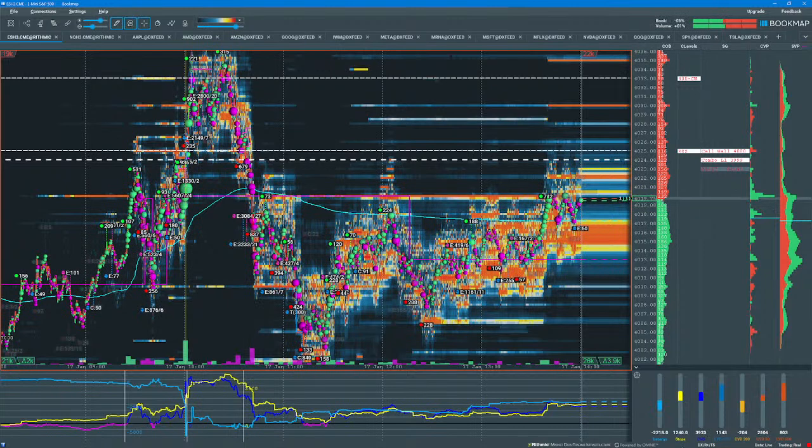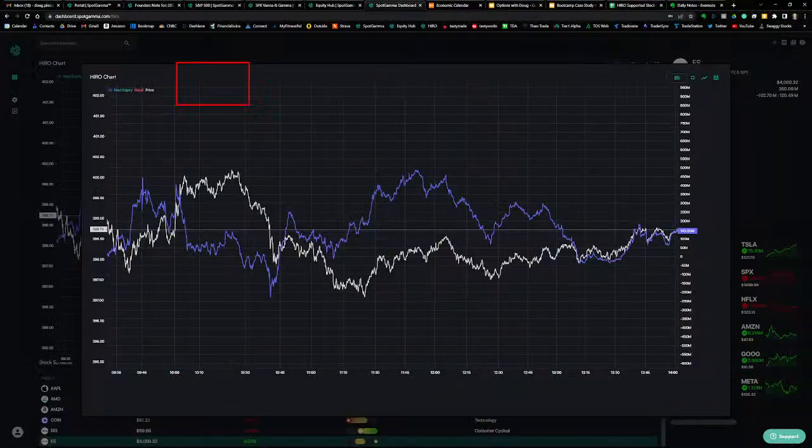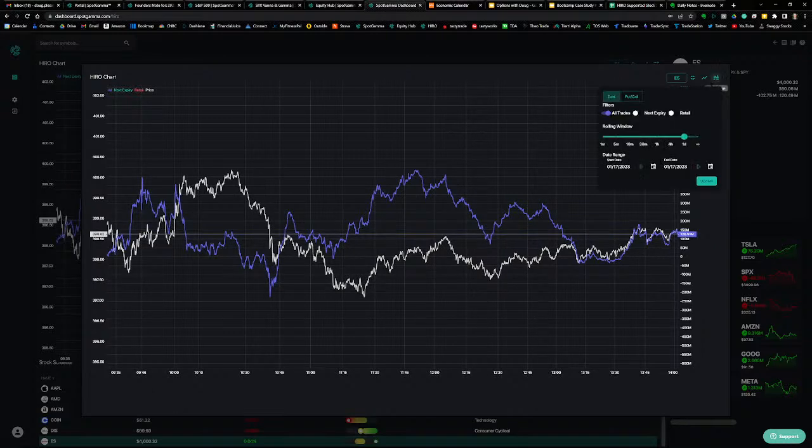I'll just show it with my pen tool. So the way to look at this is you see the divergence setting up in Hero. Let's go back to Hero now. And let's see exactly what traders were doing.